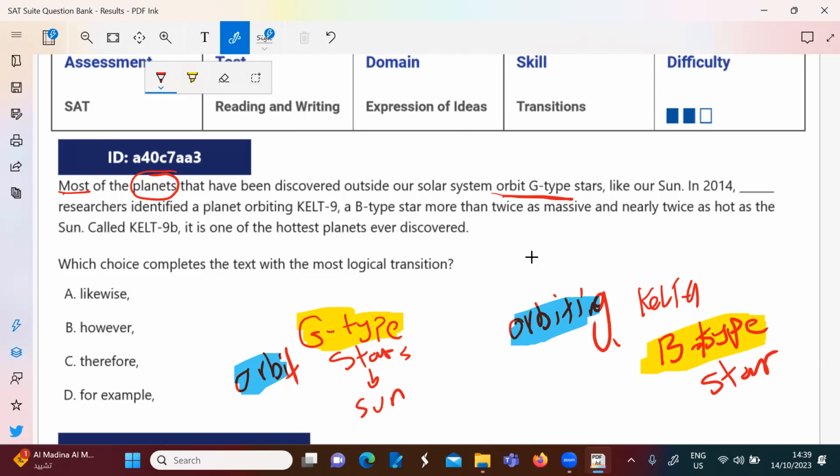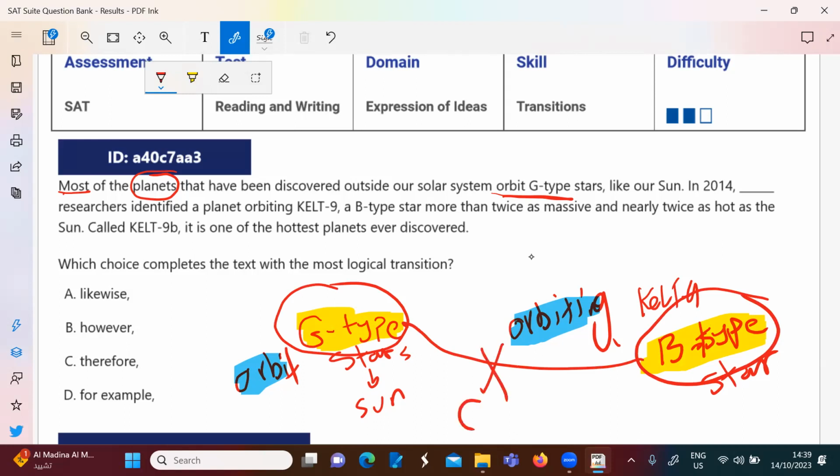Are they the same? No. Here G-type and here B-type. What's the relationship? Yes, it seems it's a contrast relationship, so we have to go for however.